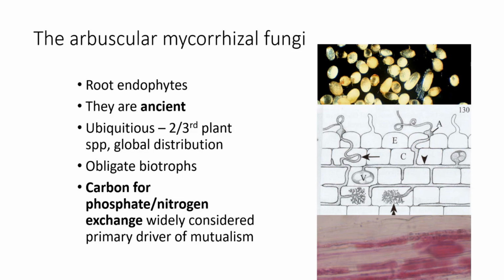externally. There's no evidence that they can pick up carbon through their external mycelium. They have to get it from the internal mycelium within the roots. It was long thought that that source of carbon was hexose sugars, and I think that's definitely a thing, but it was relatively recently discovered that they also take up fatty acids out of the plants.